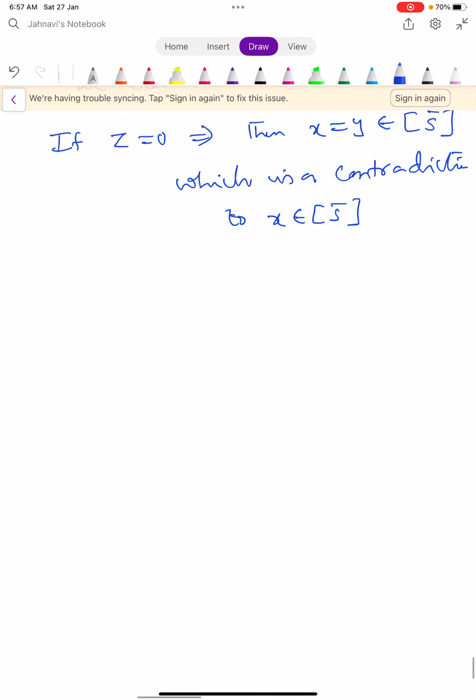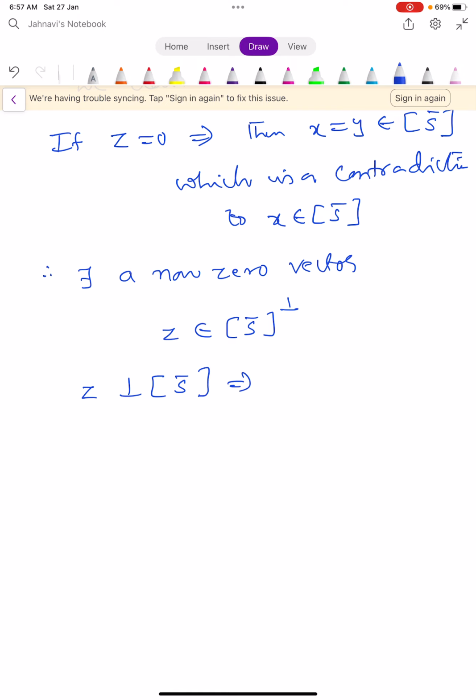So there exists a non-zero vector z belongs to box S bar perpendicular, satisfying the condition z is perpendicular to box S bar, which implies z is perpendicular to box S, which implies z is perpendicular to S, which implies z belongs to S perpendicular.